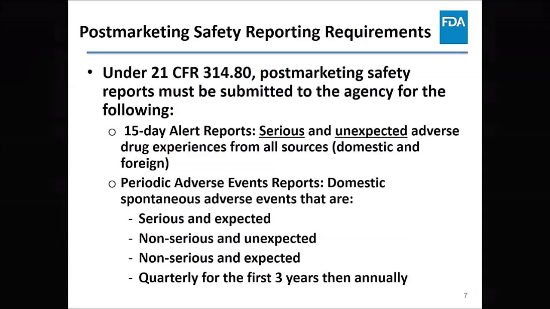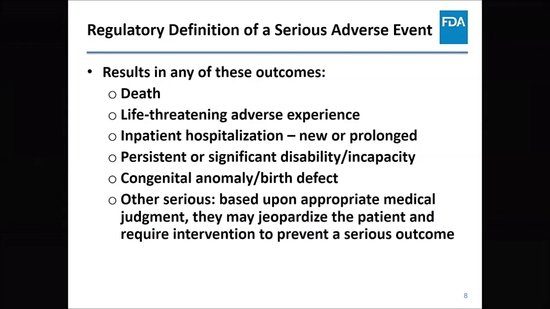Serious and expected reports, as well as the non-serious reports, fall under the category of periodic reports. And these must be reported quarterly for the first 3 years after approval of the product, and then annually after that.